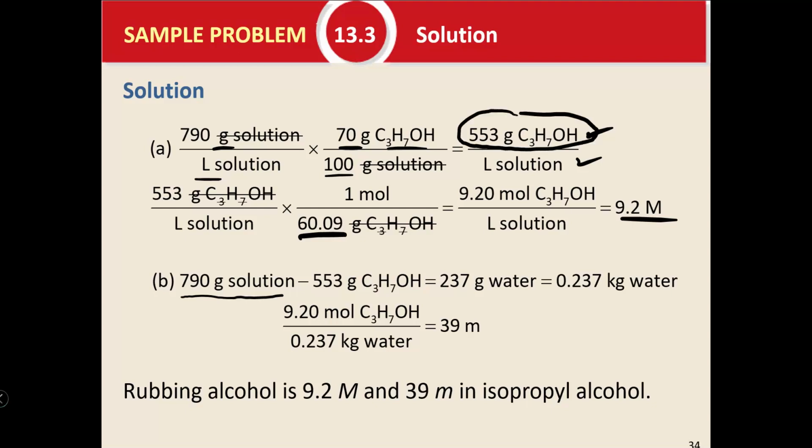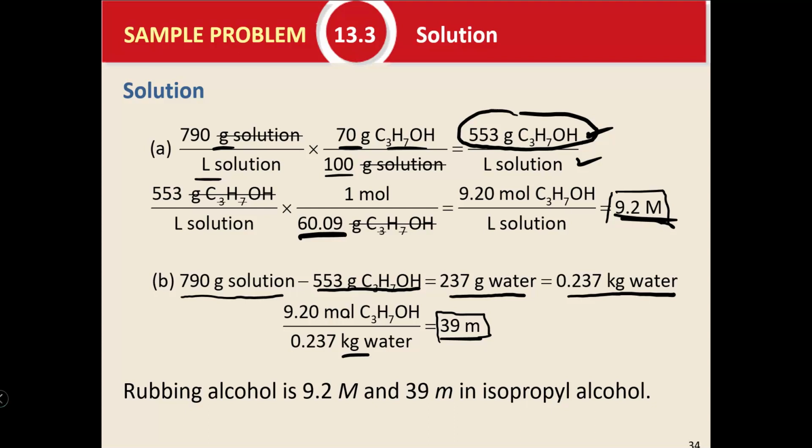If we subtract off the mass of the ethanol, that tells us how many grams of water we have, but that needs to be converted to kilograms because molality is moles per kilogram of water. So the molality is 39 molal, or a 9.2 molar concentration. That's the way we speak it. Good problem.